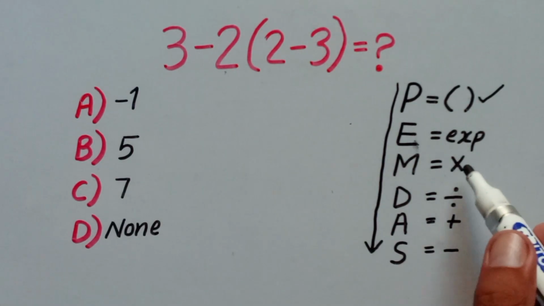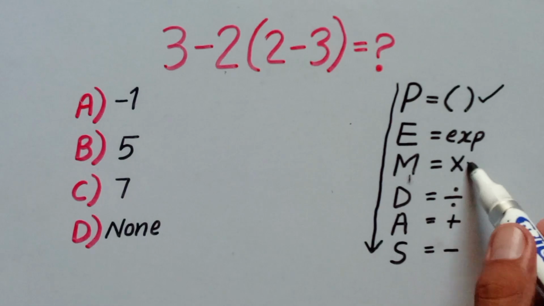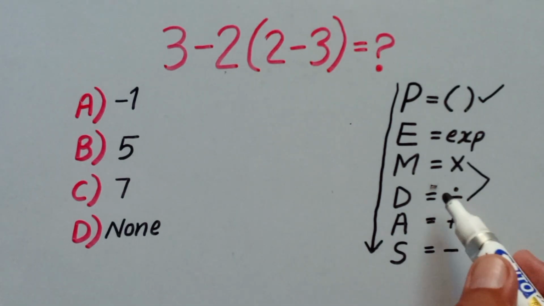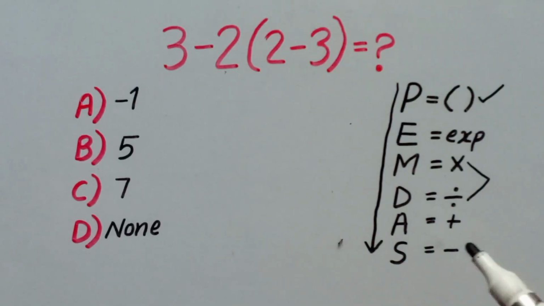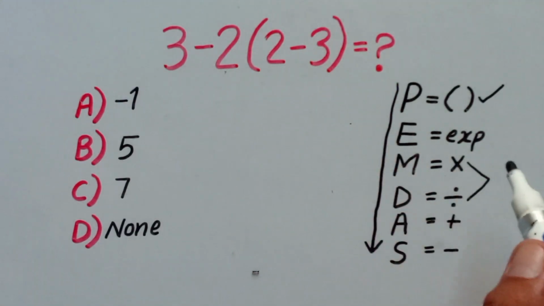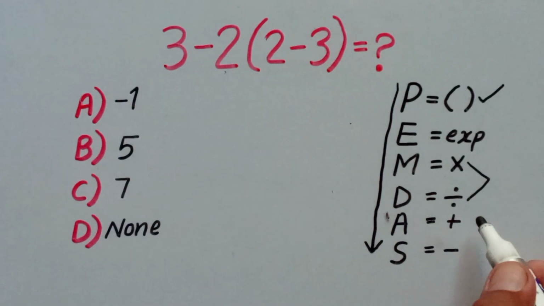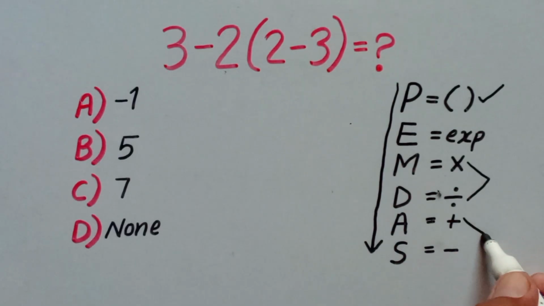Similarly, multiplication and division have equal priority and we go from left to right. Similarly, addition and subtraction have equal priority and we go from left to right.